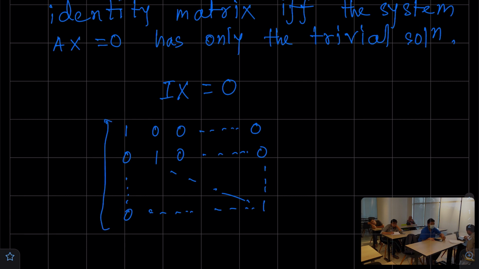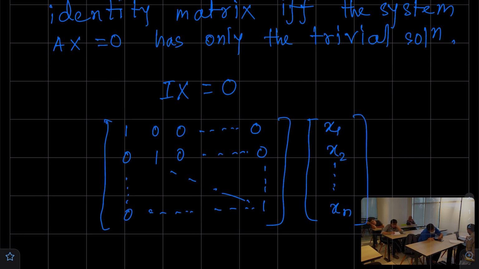This will be multiplied with the n cross 1 matrix, let's consider x1, x2, ..., xn. This is equal to 0.